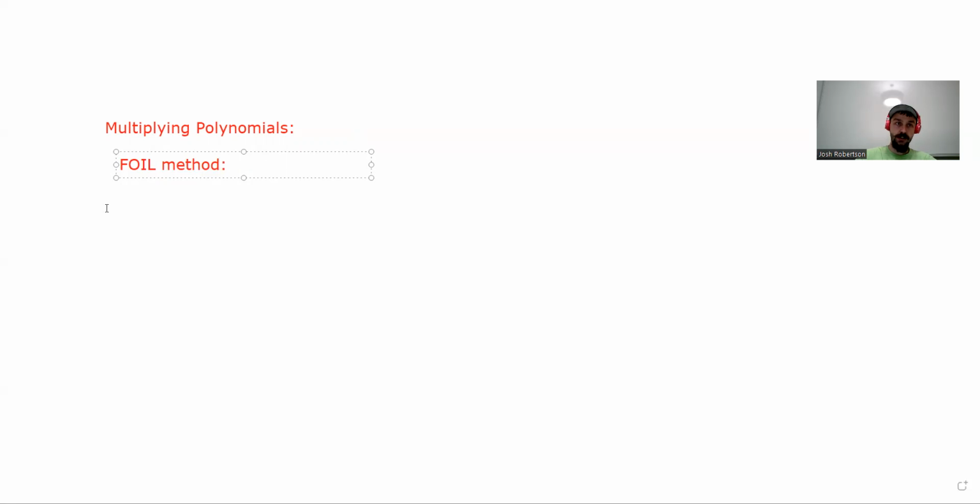So, like if I'm foiling the polynomials a plus b times, say, 2a plus b. So the FOIL method works just like this.